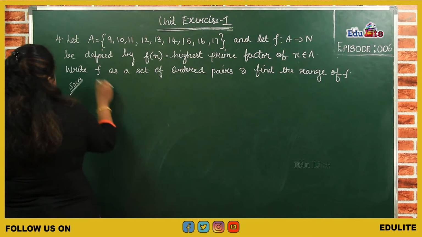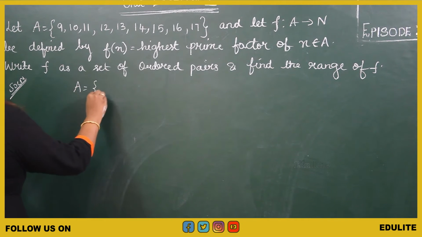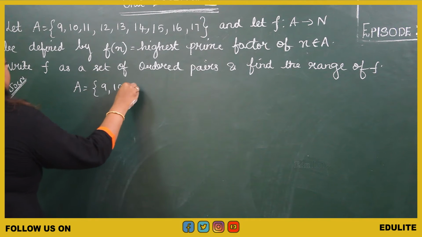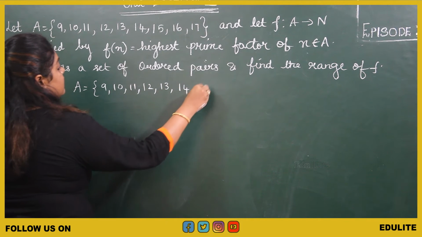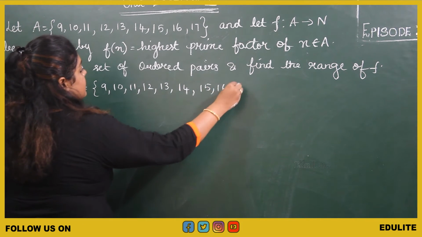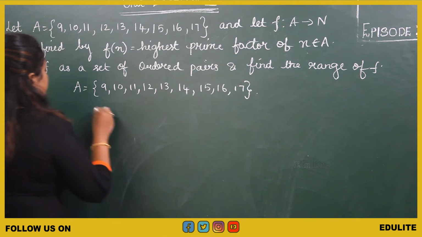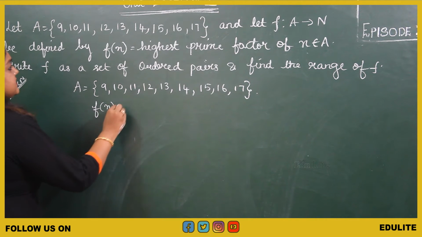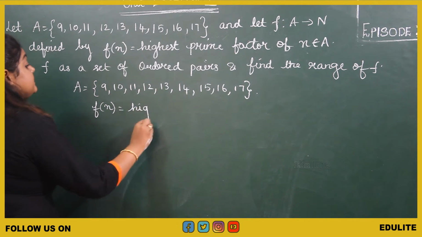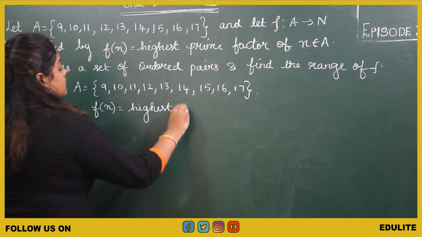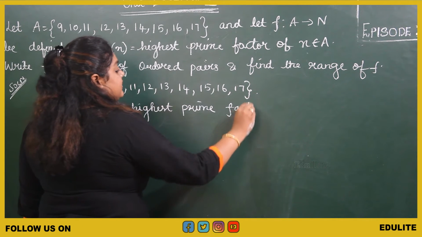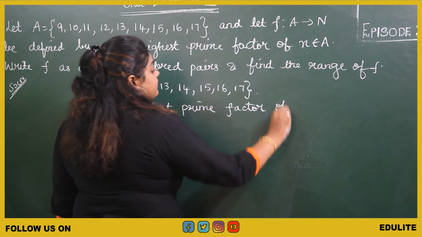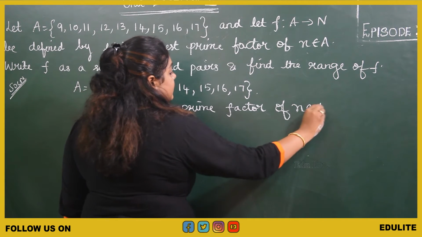The set A is given as 9, 10, 11, 12, 13, 14, 15, 16, 17, where f of n is the highest prime factor of n in A.